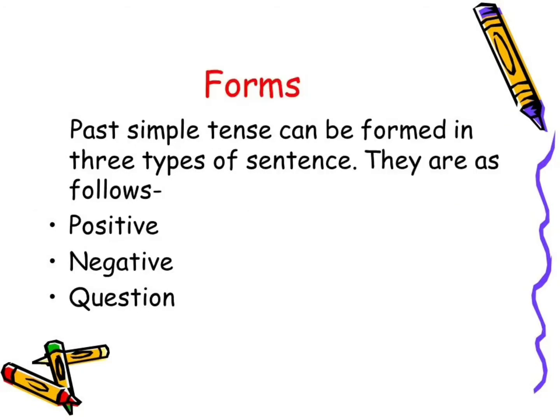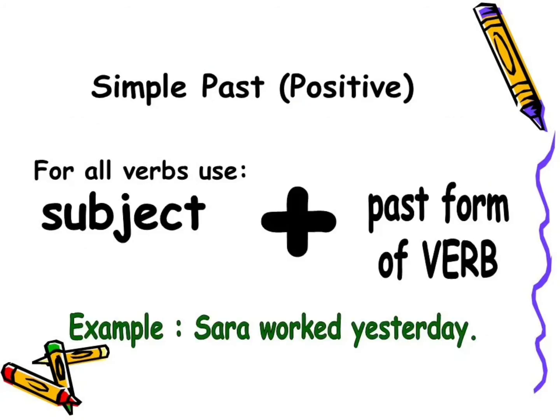The next is the form of simple past tense. Simple past tense can be formed in three types of sentence. They are as follows: positive, negative, and question. For the positive, for all verbs, use subject plus past form of verb.